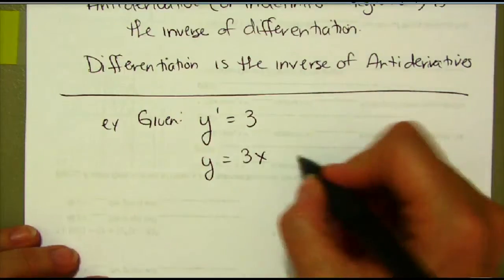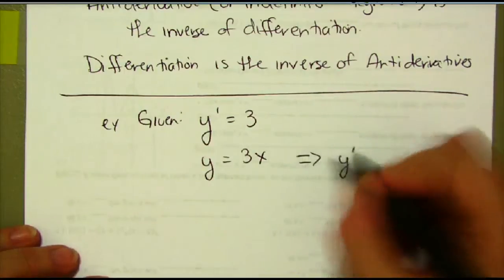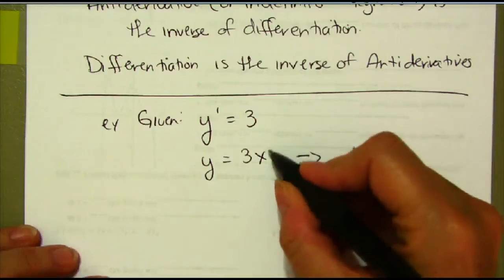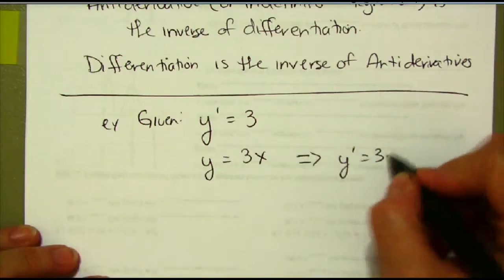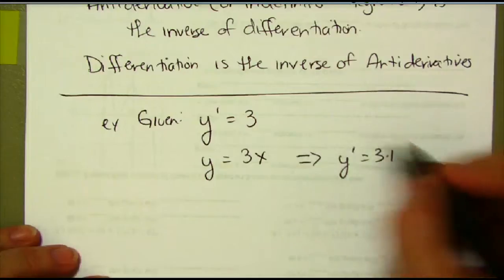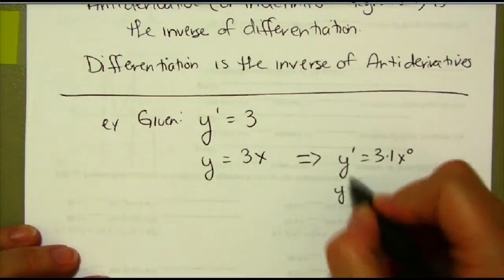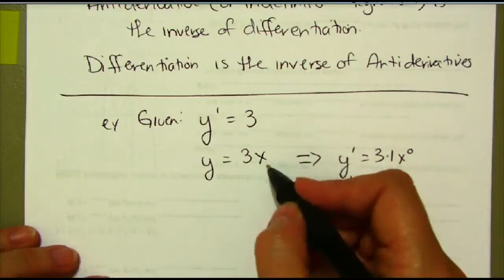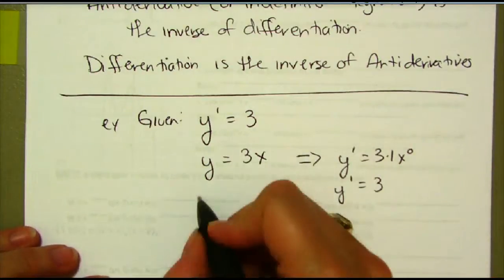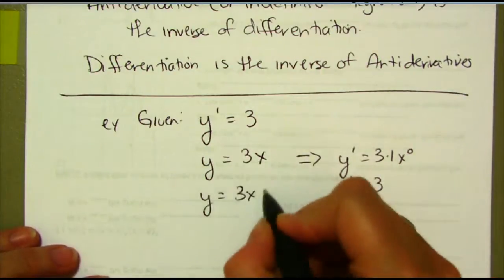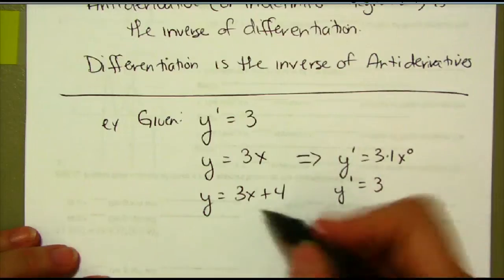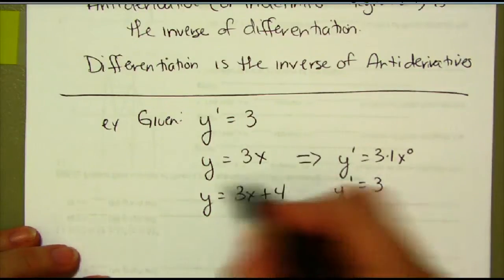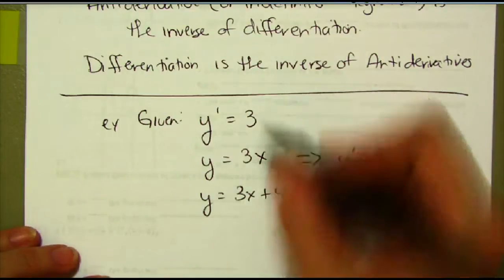Because if I go ahead and I take the derivative of this, we write down the 3, we take the power of the variable 1, bring it down, and then we decrease that by 1, which would be 0. So that would just be 3. But couldn't it also be y equals 3x plus 4? Because when I take the derivative of this, this goes to 0. When I take the derivative of this, won't it go to 3?